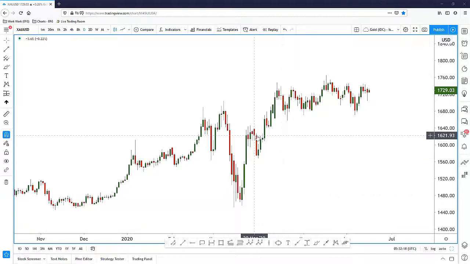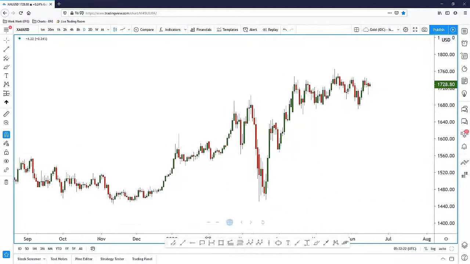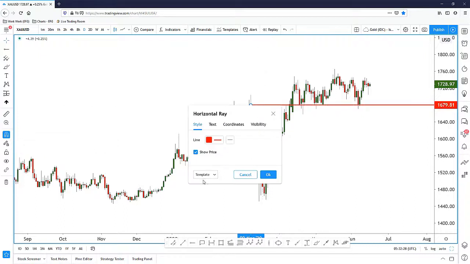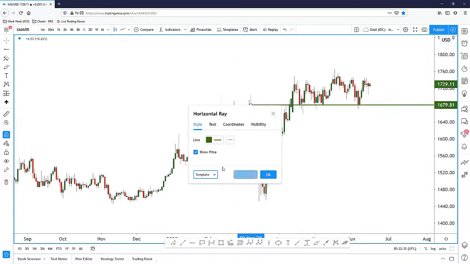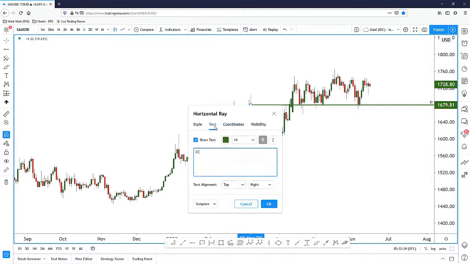So what I have here is the daily chart. I'll begin with the daily. Now it's very interesting because right now what I see is that gold is currently sitting on this resistance turn support. So I can call this the daily support.